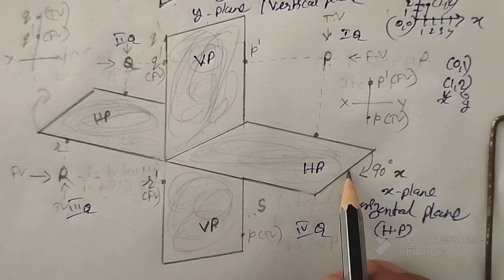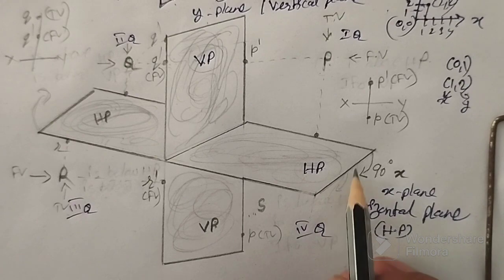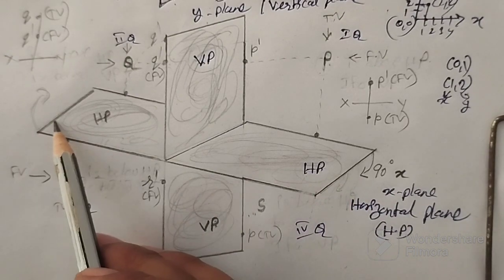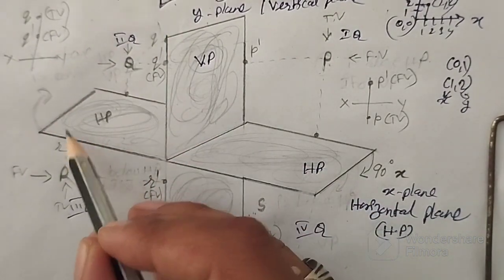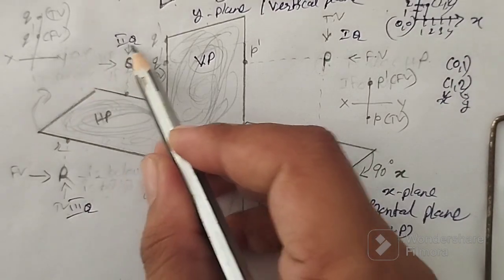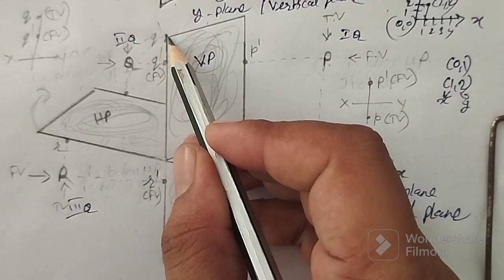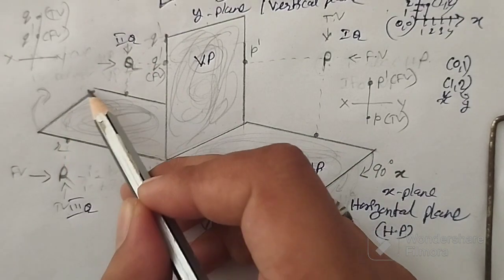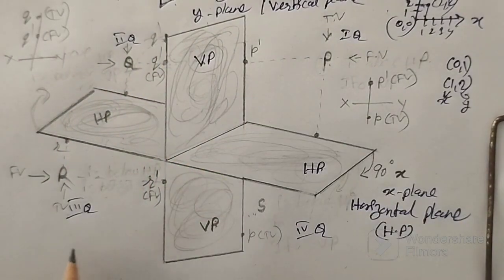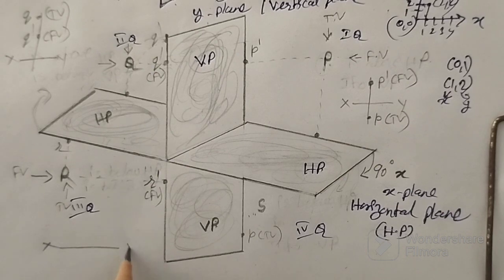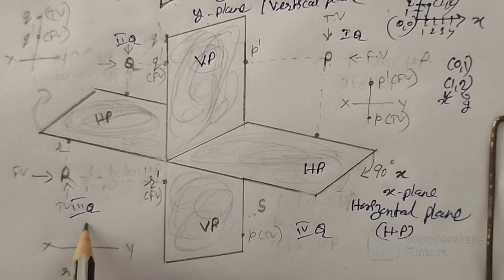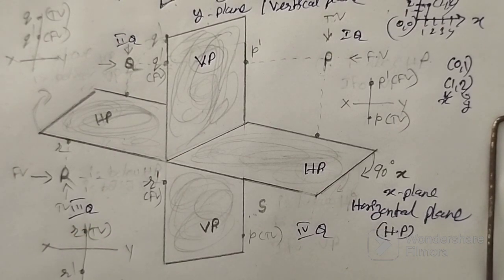When you rotate this, this comes down, this has to move up. Now this R will be transferred somewhere there. So in third quadrant, this is my XY, front view R dash is always below XY and top view is above XY.